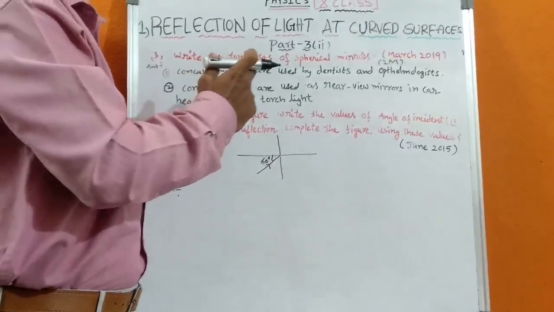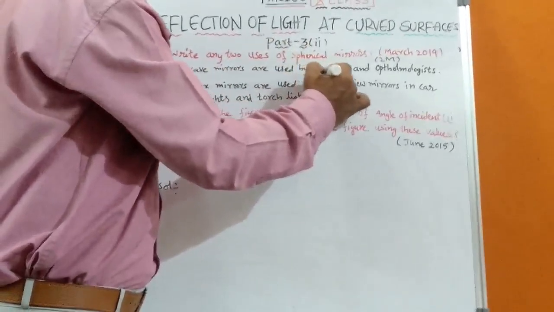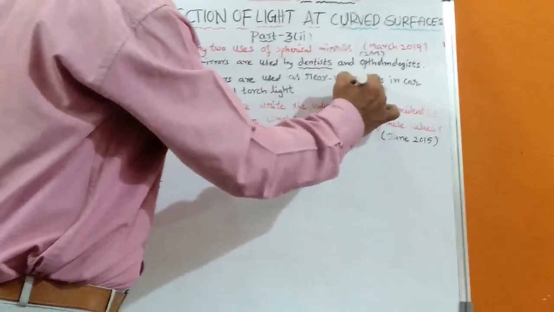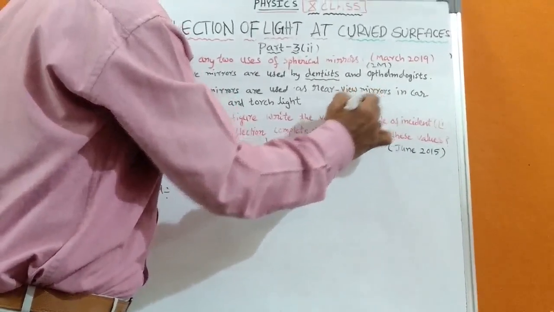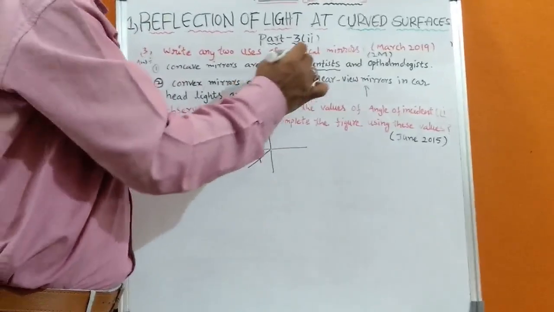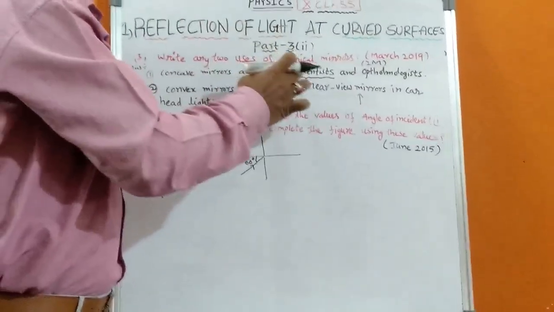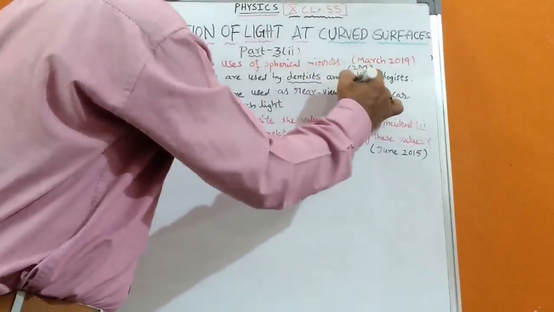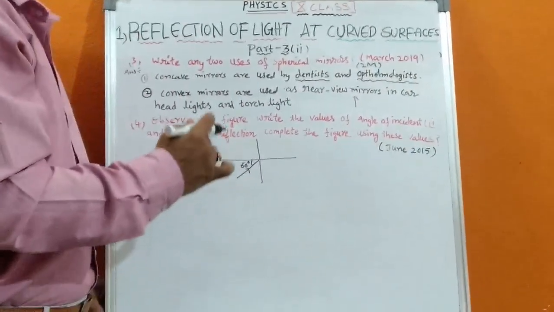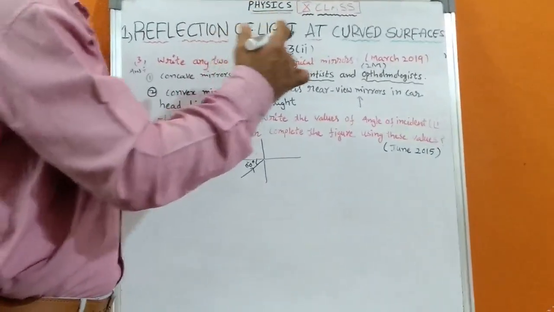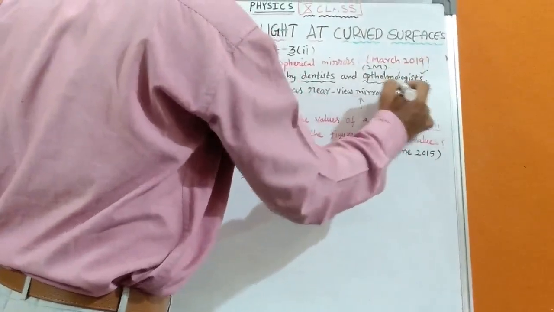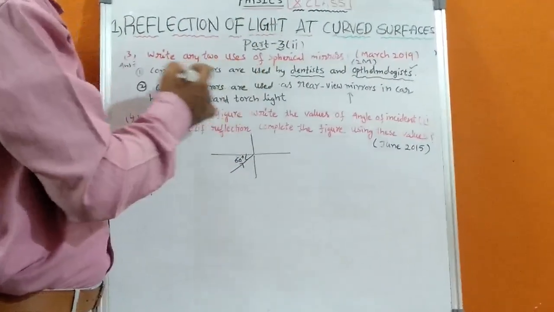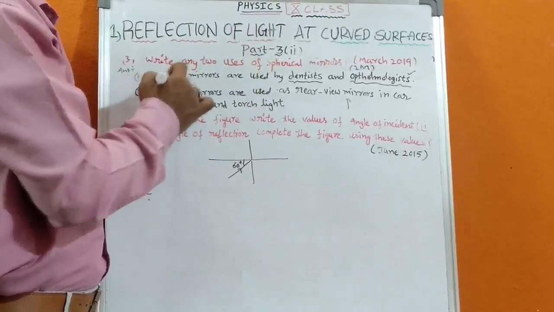Concave mirrors are used by dentists because in the concave mirror we get an enlarged image, means magnified image, large image. That's why dentists use a concave mirror to diagnose dental problems. Ophthalmologists, that is eye specialists, use concave mirrors to recognize eye defects.